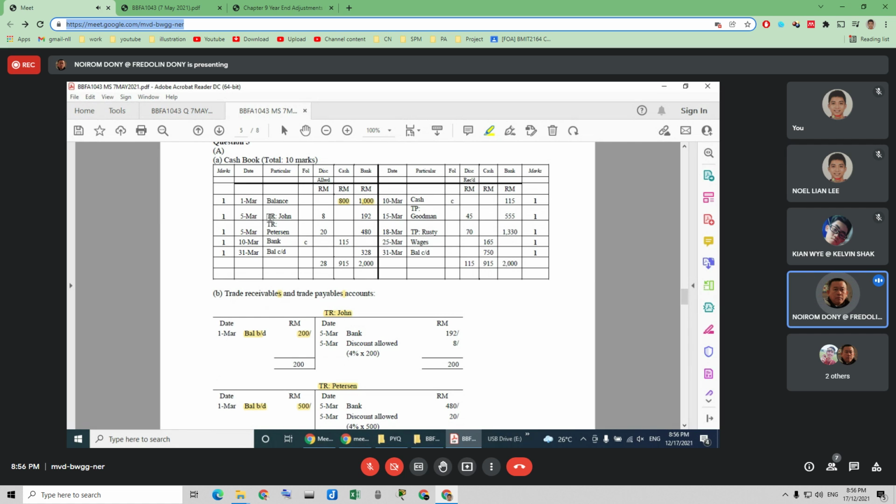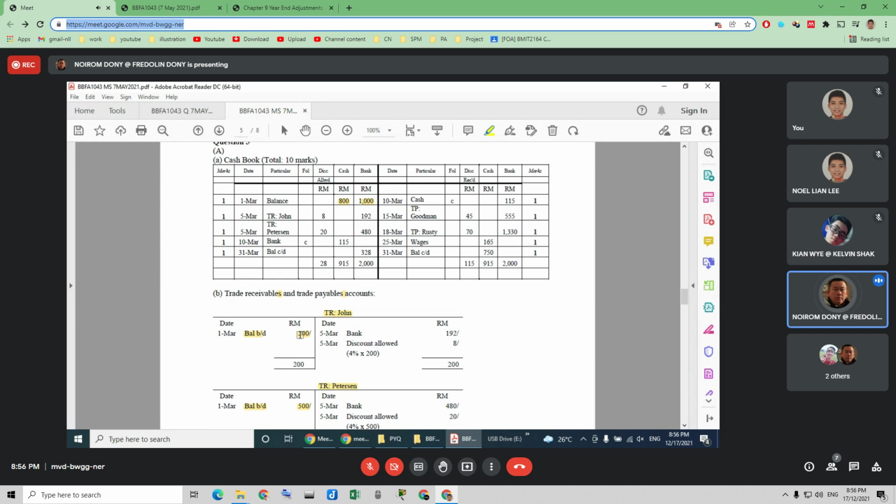So record individually. Trade receivable John, the amount is 200. But John only makes payment by check and receives a cash discount of 4%.